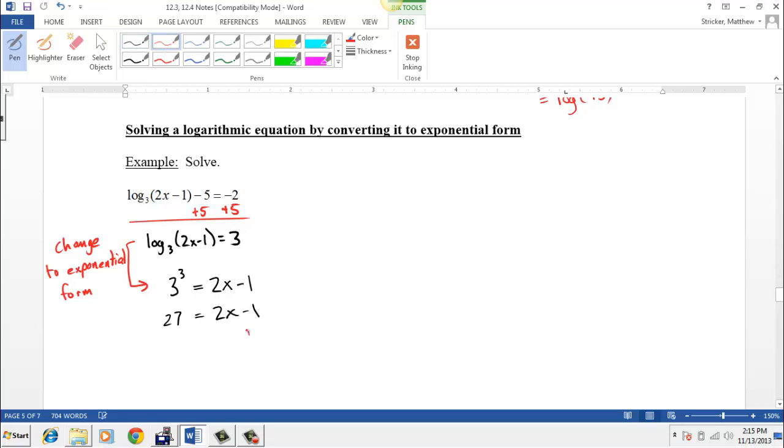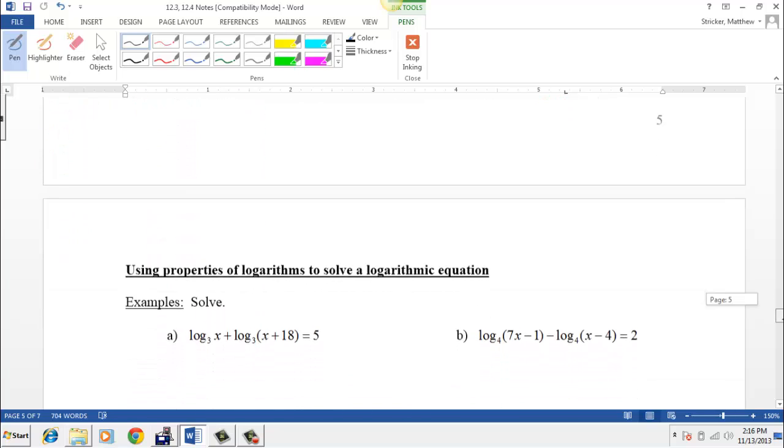If I add 1 to the other side, I get 28 is equal to 2x. Dividing both sides by 2, I get x equals 14. If I plug 14 back in just to be sure, 2 times 14 is 28, 28 minus 1 is 27. That's okay. So x equals 14. When you get stuck with logs or exponential equations, convert back to the other form. And most of the time that'll be how you're going to go about solving them.